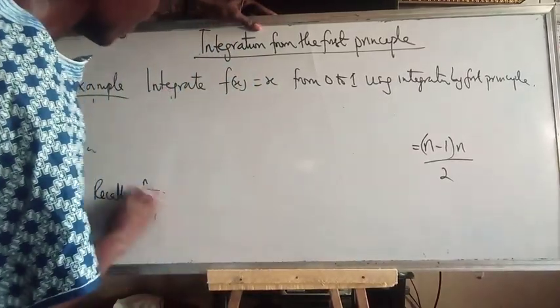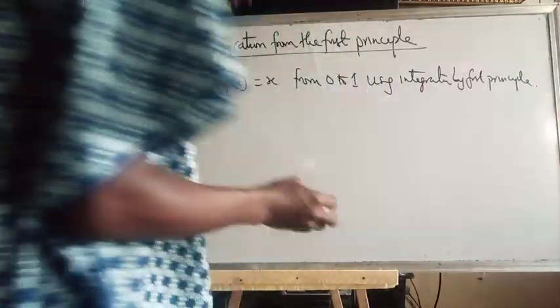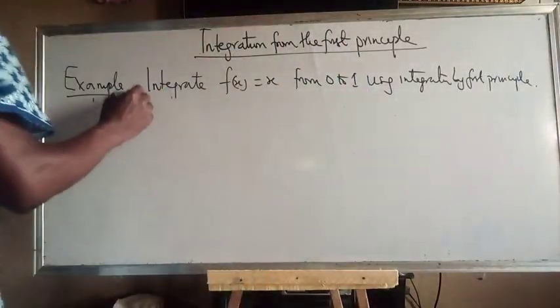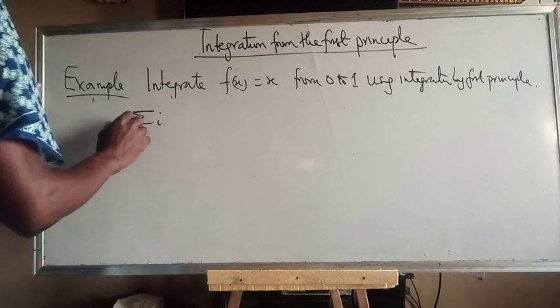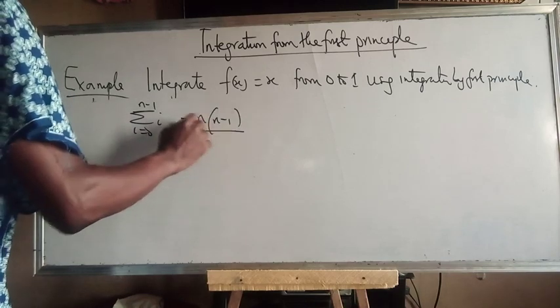Okay. So now that we have gotten our summation, summation i moving from 0 to n minus 1 is now n into n minus 1 all over 2.